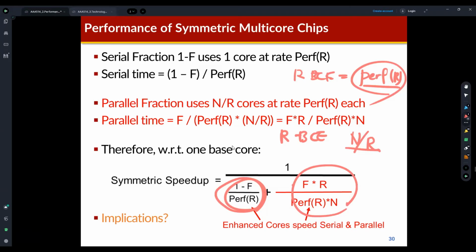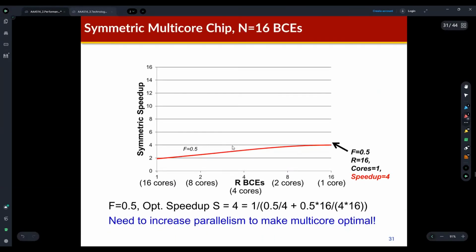Also, the execution time of the single thread is enhanced by perf R. So this is the new Amdahl speedup in the symmetric multi-core architecture. We can draw a graph of the speedup based on the F value. F means the fraction of the parallelizable part.